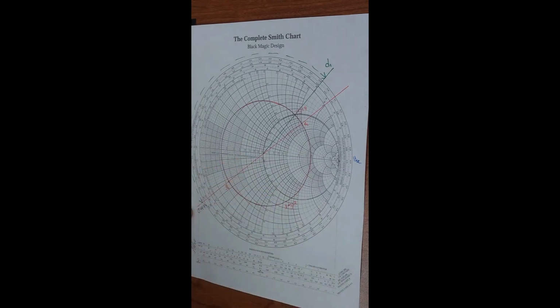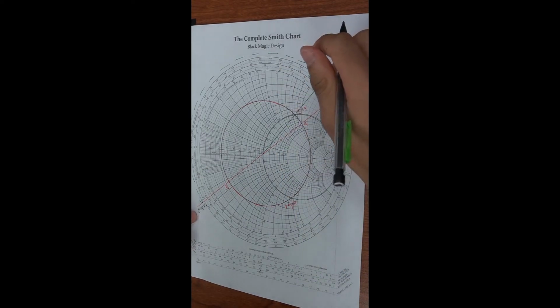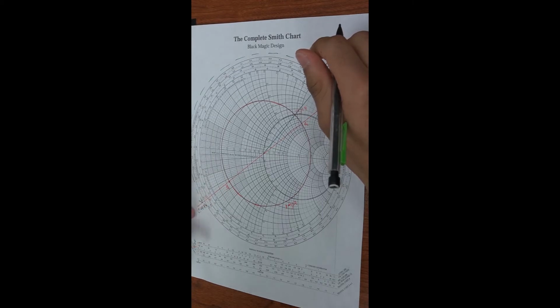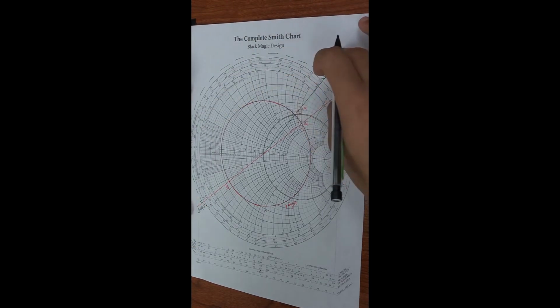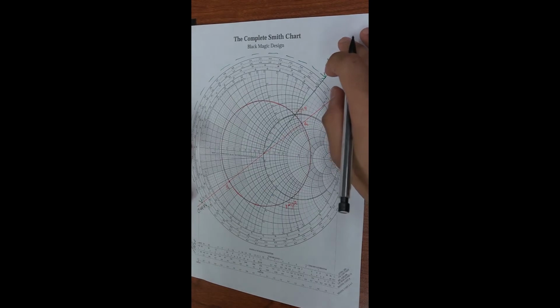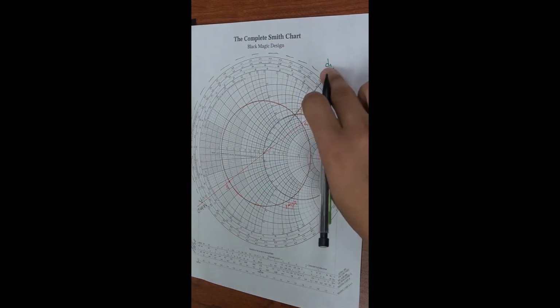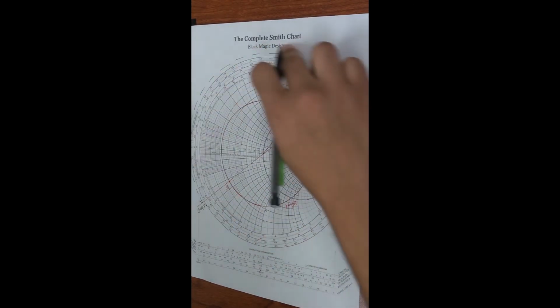Remember that we are working in terms of the wavelength. So this determines the position of our admittance, and we need to walk all the way from here to here. The easiest way to get this distance is to complete the whole cycle of the Smith chart first, which will be over here, and then add that to the distance that we need over here.